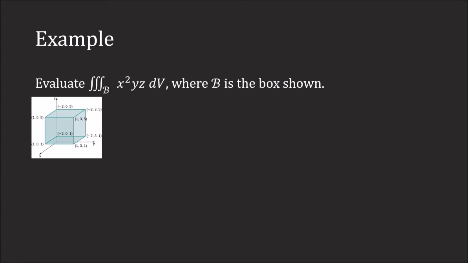So the first thing to do is let's go ahead and define B. It is the set of all points x, y, z such that, if we look, x goes from 1 to negative 2, so negative 2 less than or equal to x, less than or equal to 1.